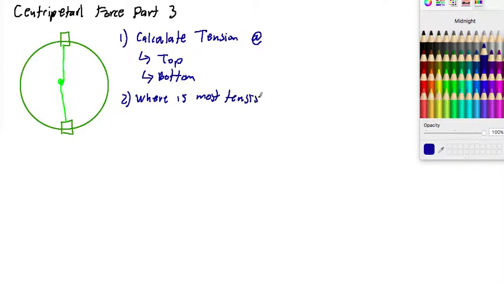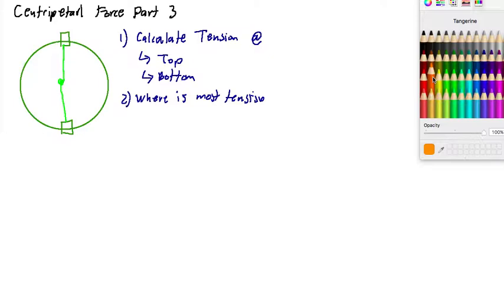Now where is the most tension can kind of be interpreted as, where is the most force exerted on the rope. Have you ever tried swinging a bucket? If not, try it one of these days, close your eyes, and as you move it, try to feel where your hand is being pulled the hardest.